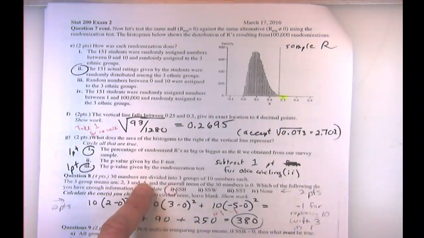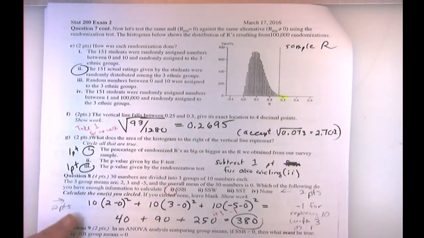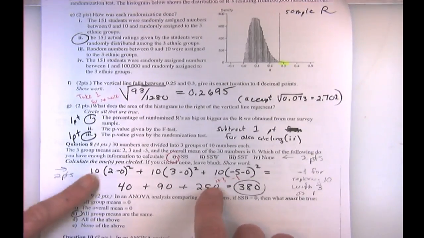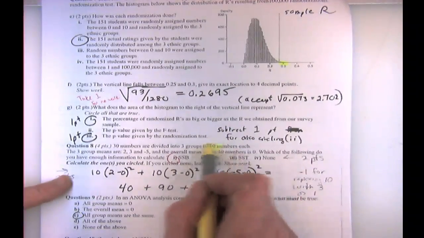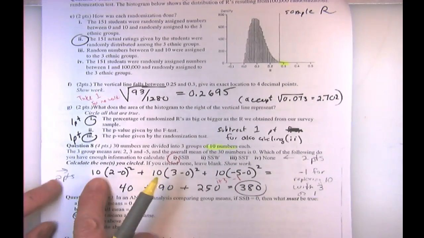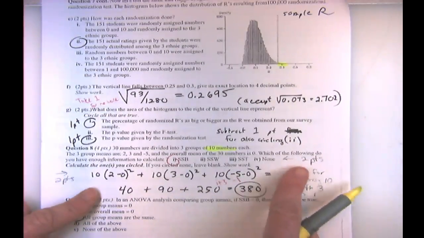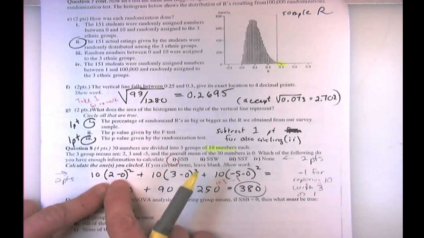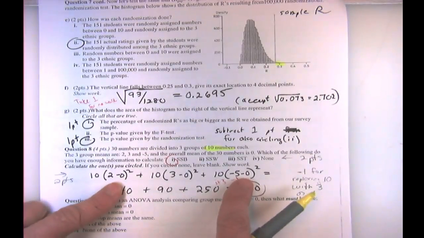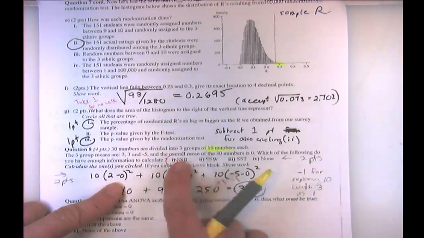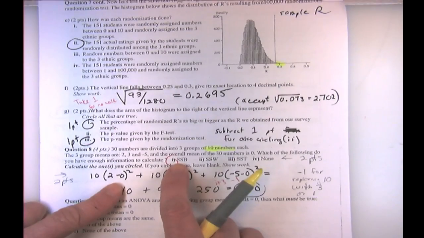So these were each worth 1 point. And the biggest mistake that a lot of people made was, I don't know if you didn't read this carefully or not, but there's 10 numbers in each group. It says the group means are 2, 3, and -5, and the overall mean is 0. And so you can compute the sum of squares between.